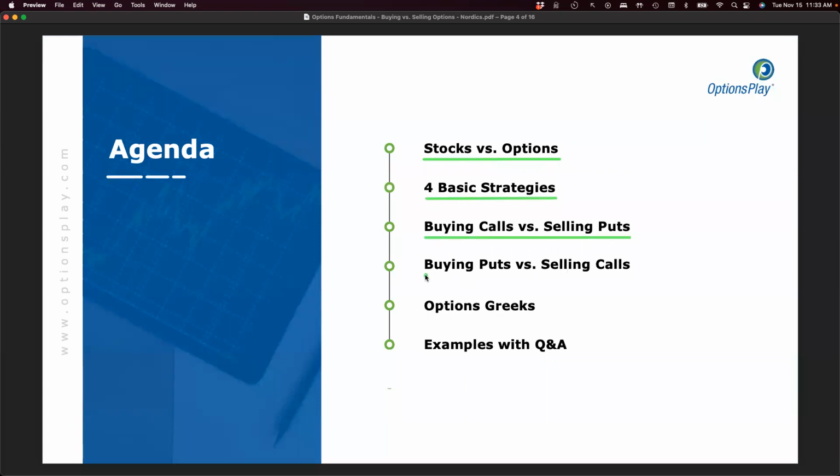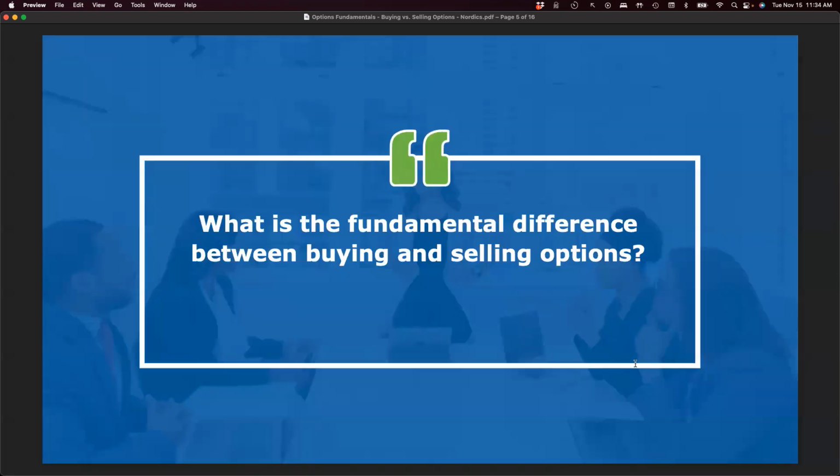And then we're going to look at bearish strategies, which is buying puts and selling calls, and what the primary differences are between these 2 primary buying versus selling options. And then we're going to talk a little bit about in the context of options Greeks that you learned a little about last week. And then we're going to go through some examples with Q&A during today's session. But the primary thing that I want you to be able to walk away from today's session is a clear understanding as to what is the fundamental difference between buying and selling options.